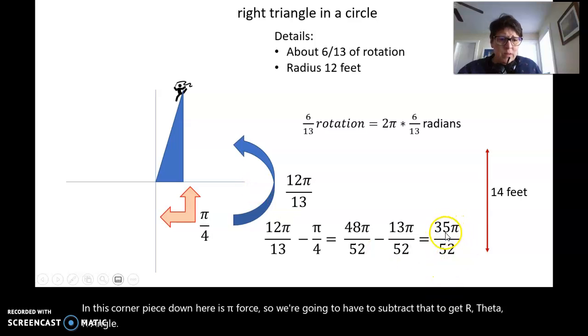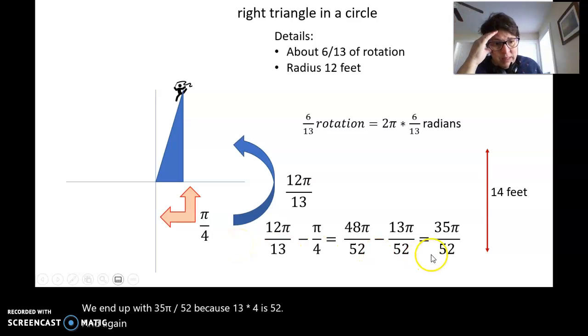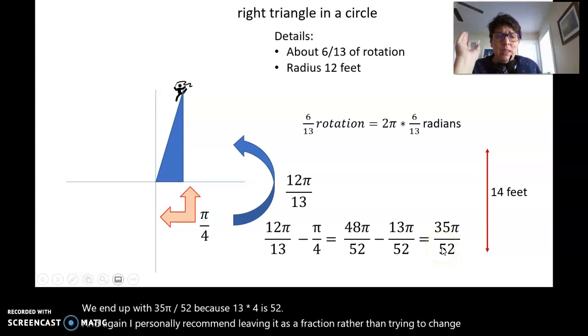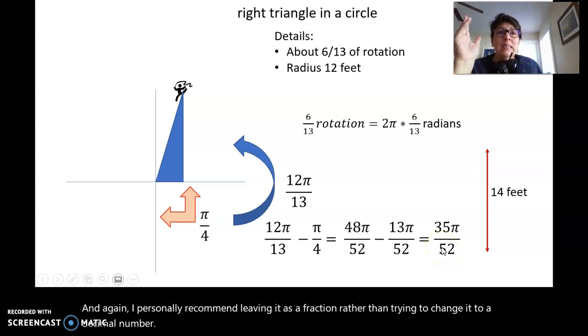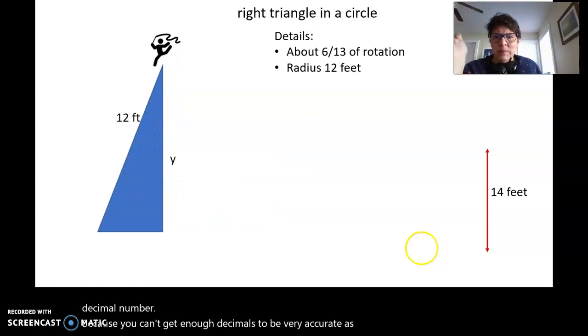We end up with 35 pi divided by 52, because 13 times 4 is 52. And again, I personally recommend leaving it as a fraction rather than trying to change it to a decimal number, because you can't get enough decimals to be as accurate as you'd like to be.